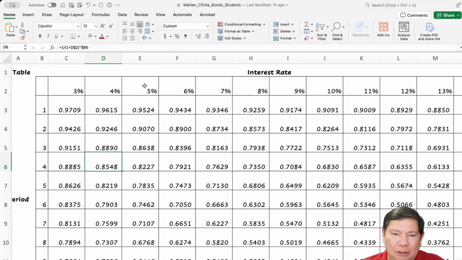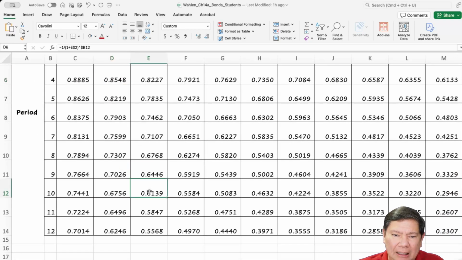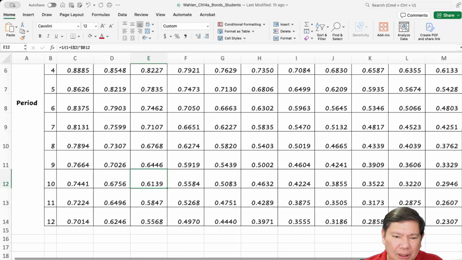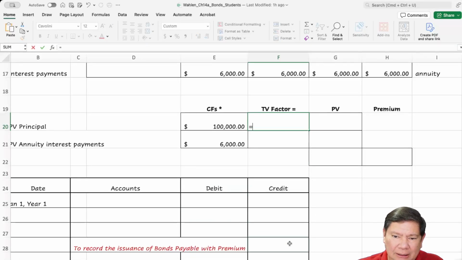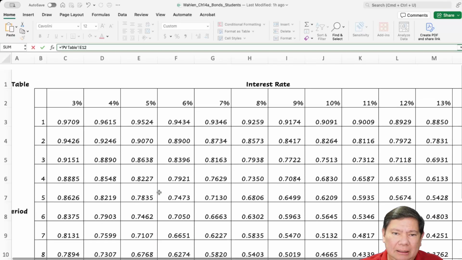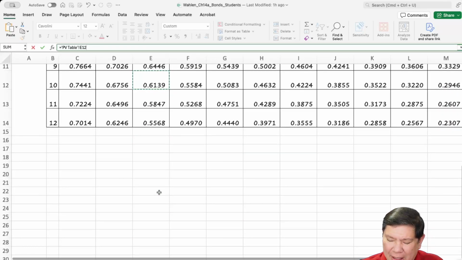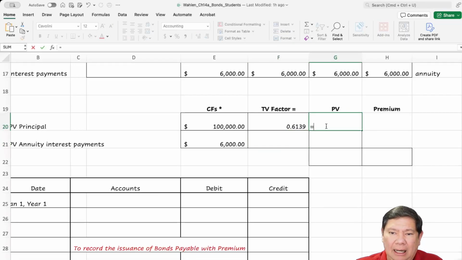So you find the 5% column and 10 periods. There you go, 0.6193. Don't forget we are using the market rate.